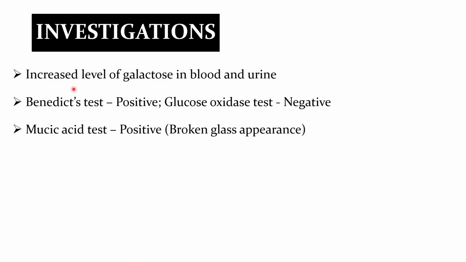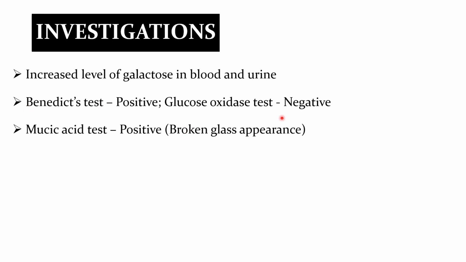What are the investigations done to diagnose galactosemia? Galactosemia is a condition in which galactose gets accumulated. Thus there is increased level of galactose in blood and urine. Urine Benedict's test is positive because galactose is a reducing sugar.